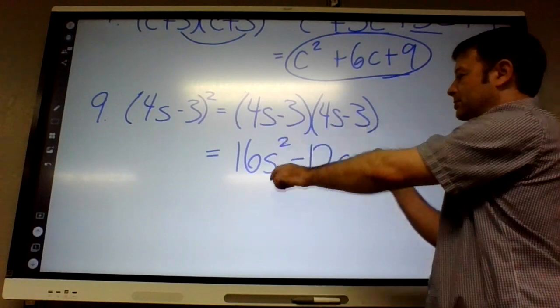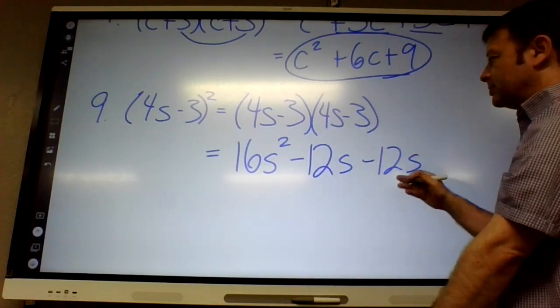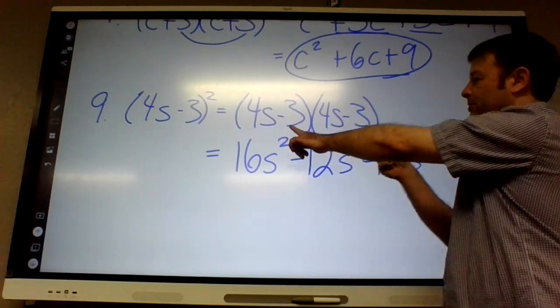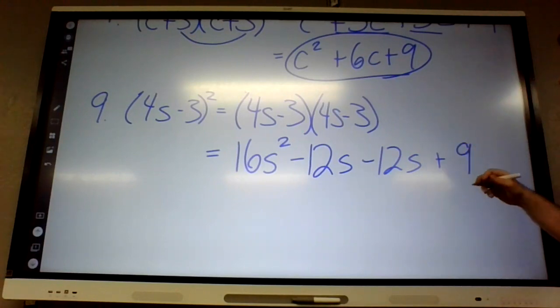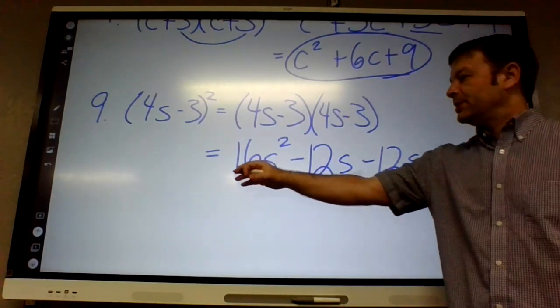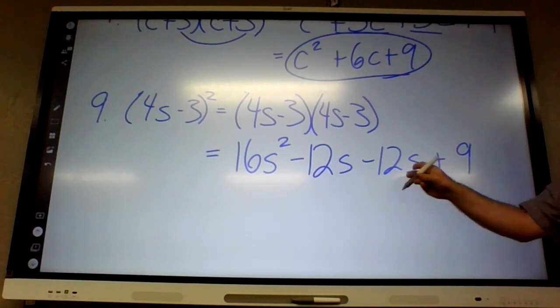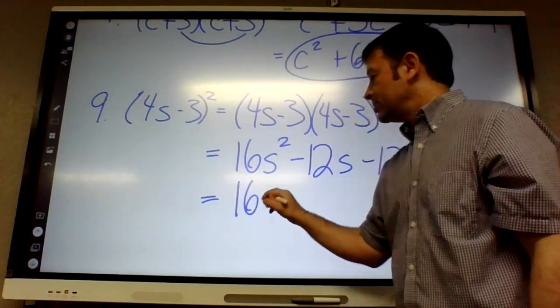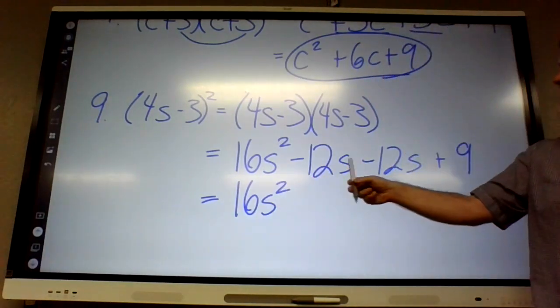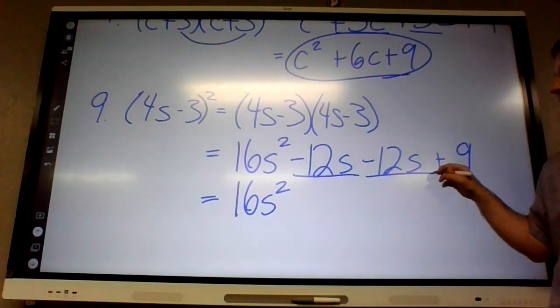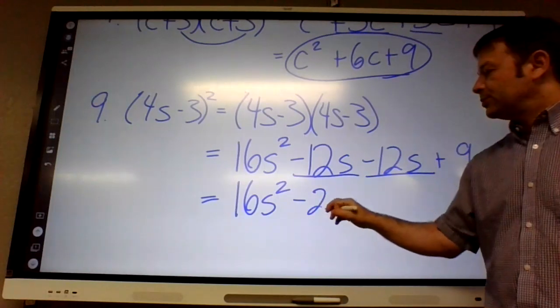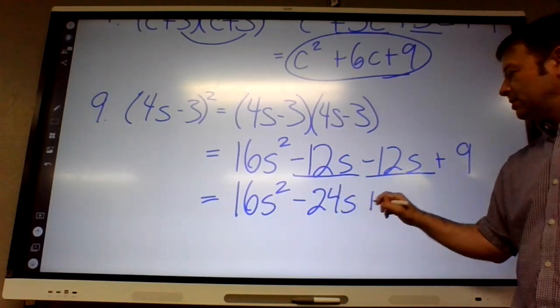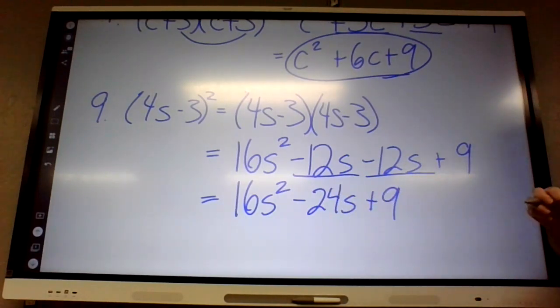Inside, negative 12s, and last, plus 9. So that part that you mentioned, this squared and this squared, that is in there, but it's got some other stuff in there too. What's the final answer? Negative 12s minus 12s, negative 24. You did times 3 instead of times 2 for some reason.